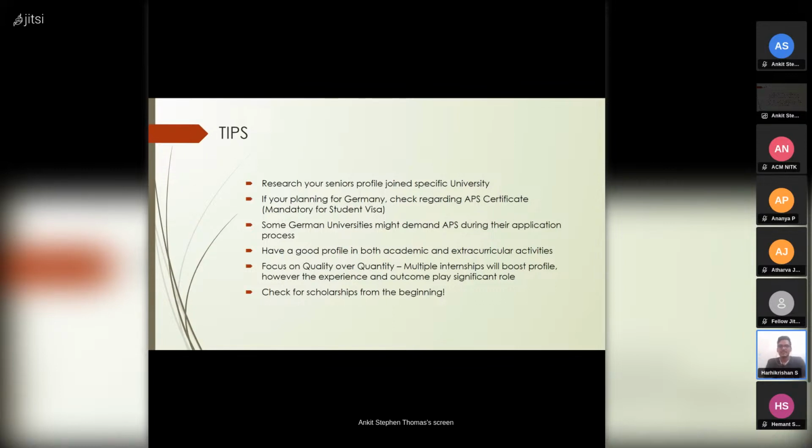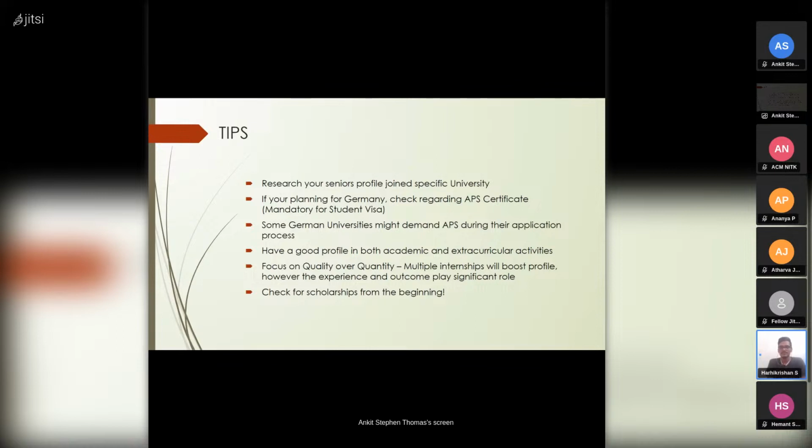And then, if you're planning for Germany, check about the APS certificate, because last October they started this APS certificate requirement. If you want to get a student visa, you have to have an APS certificate, and some universities might demand APS during the application process. In our case they just kept it optional, but maybe it can be mandatory for you also.